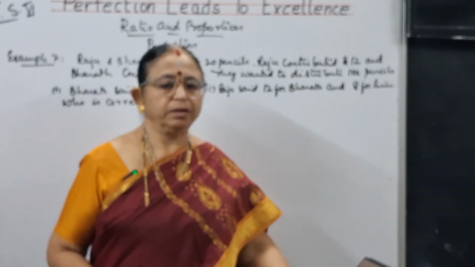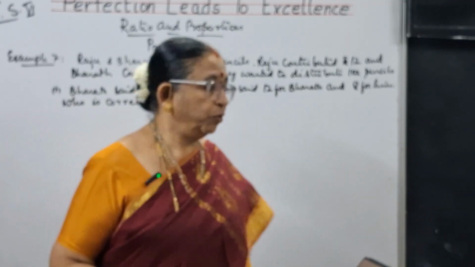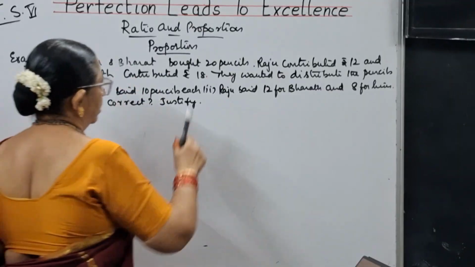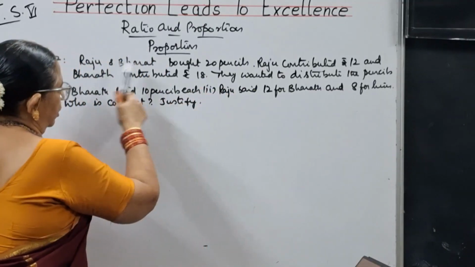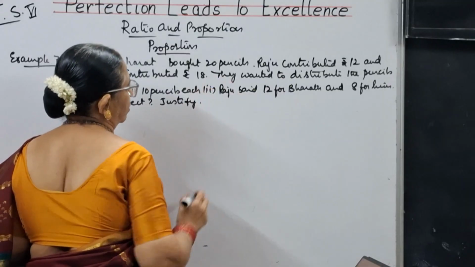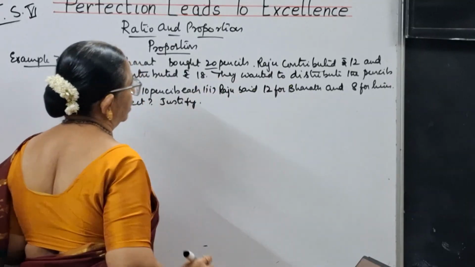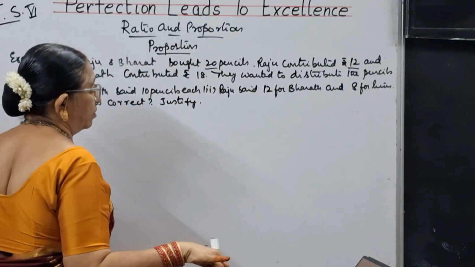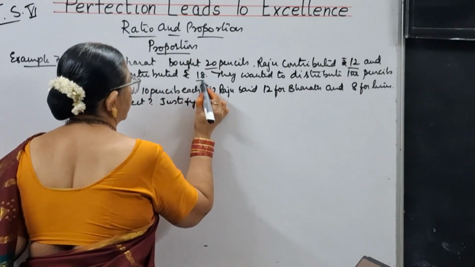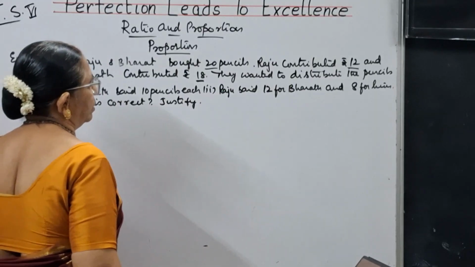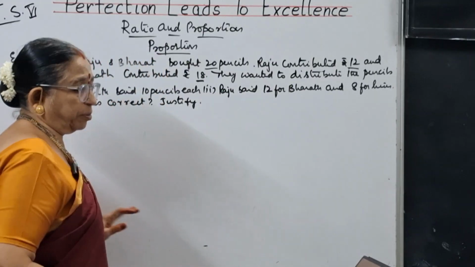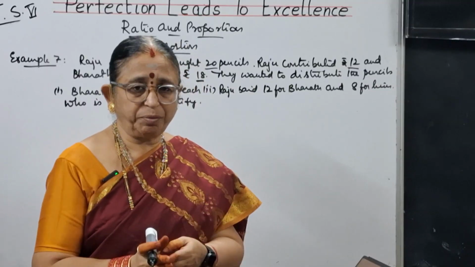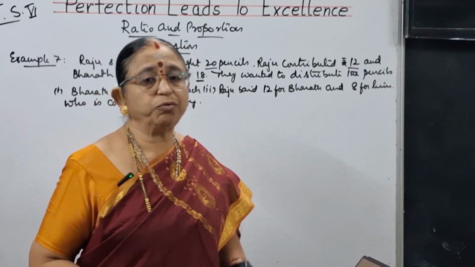Now, children, the example problem we will be doing. What does this example problem say? Example 7. Raju and Bharat bought 20 pencils. Raju contributed 12 rupees, and Bharat contributed 18 rupees. They wanted to distribute the pencils. Actually, children, according to the amount that they have contributed, accordingly, they should get the number of pencils.